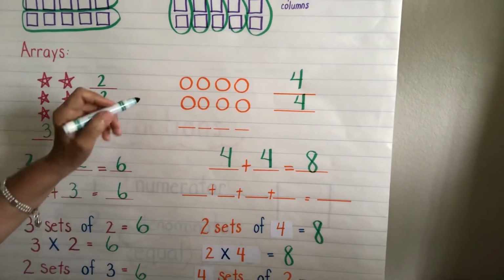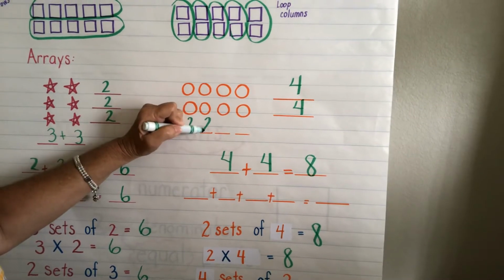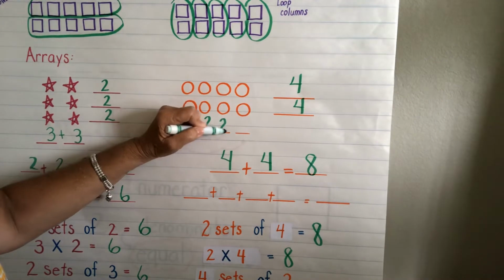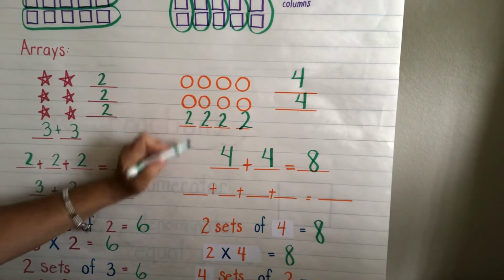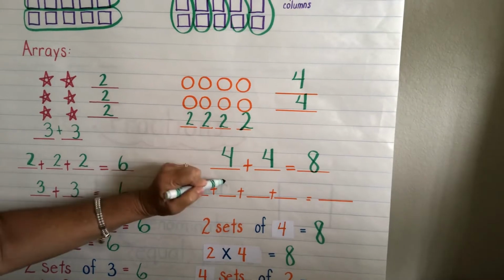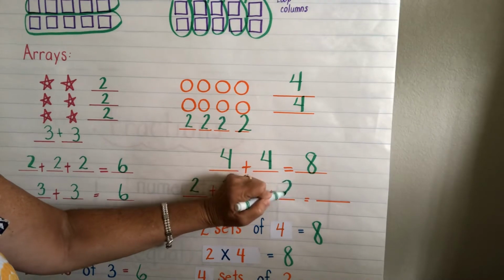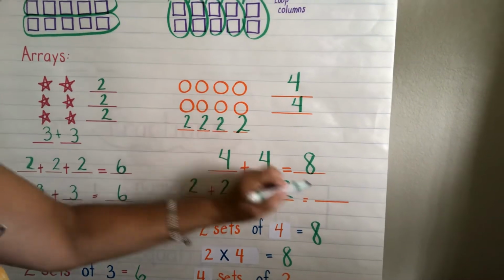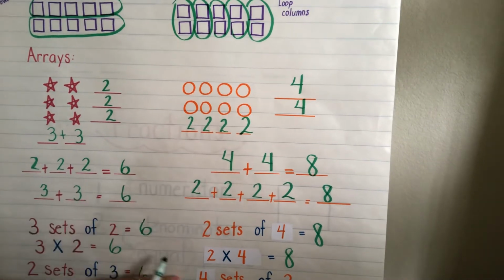Let's look at it a different way. If I count the columns, 2 and 2, and add all those together, I'm going to say 2 plus 2 plus 2 plus 2. And I can see that equals 8. So I can look at that another way.